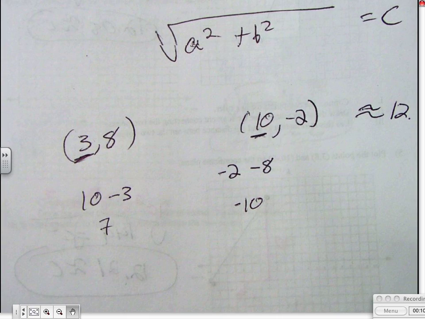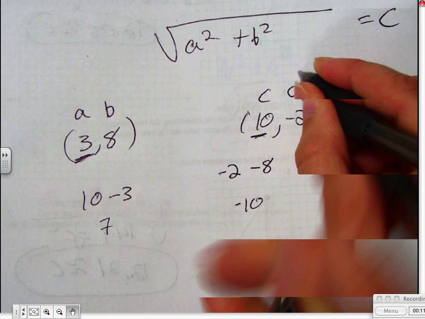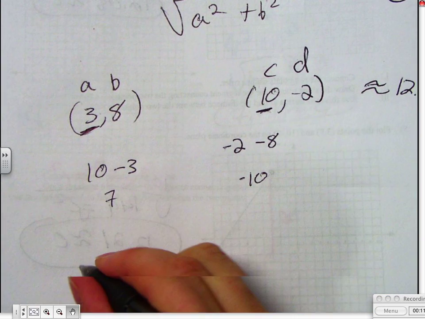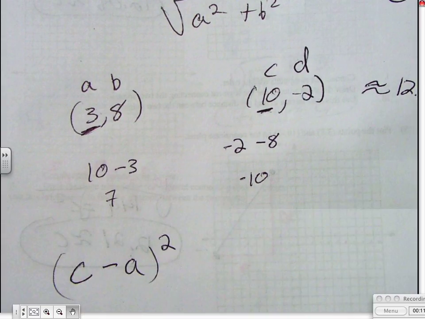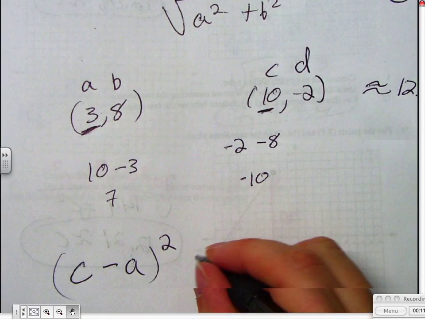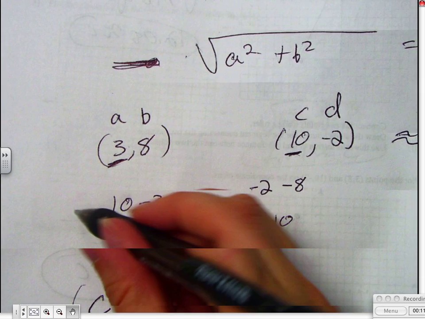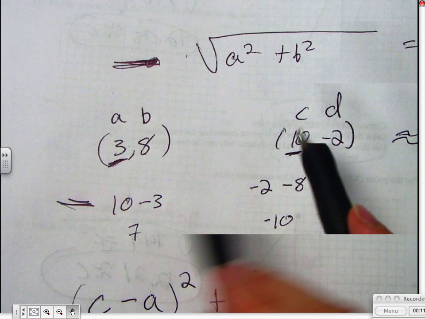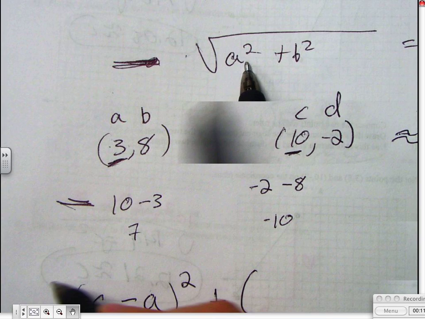So let's replace this with A, B, C, and D. So I took C minus A, and then I squared it, right? And I added it to, so I'm kind of combining here with what I did here. Okay? C minus A squared under the square root sign.